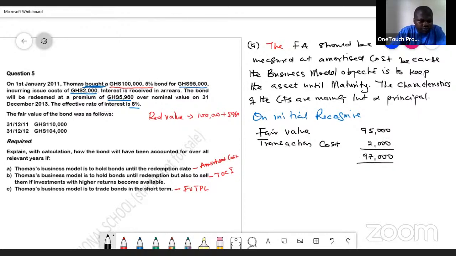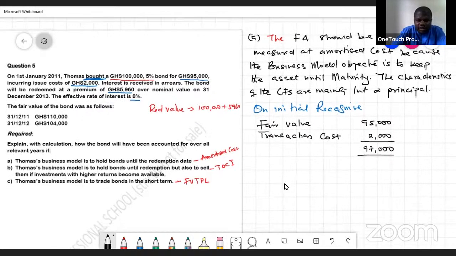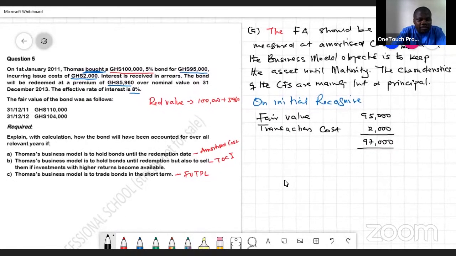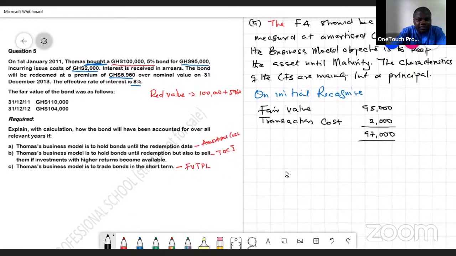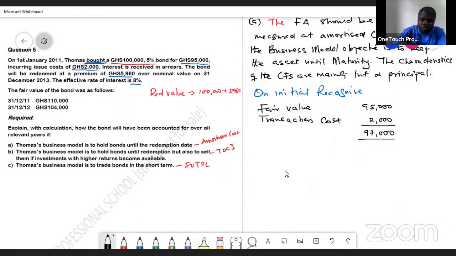So the bond is redeemable in 3 years' time, right? So after that, we'll do our amortization for 3 years. But per the question, they want us to do for only 2011 and 2012. But let's do all. For the amortized cost, let's do all. So amortization.